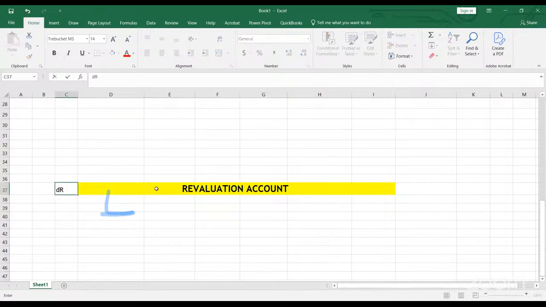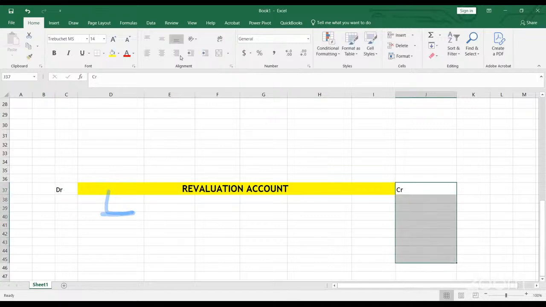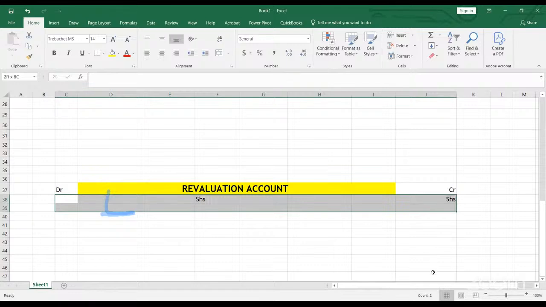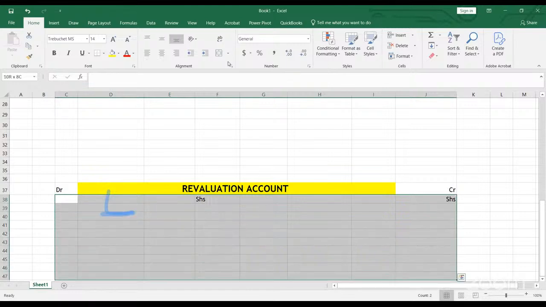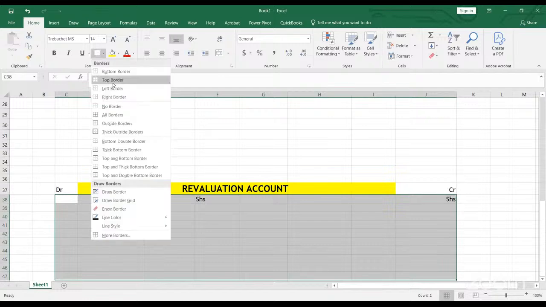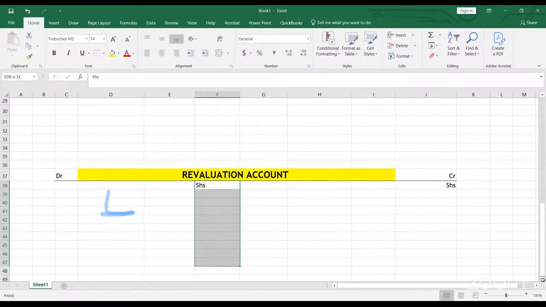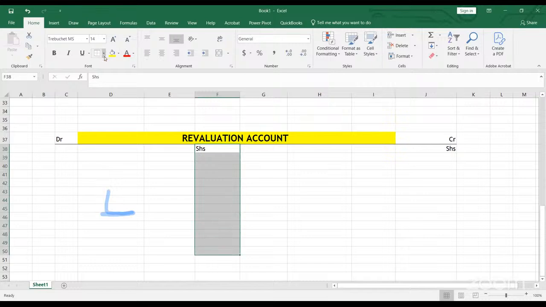We have a debit as well as our credit. The amounts are in shillings. So this is our revaluation account.